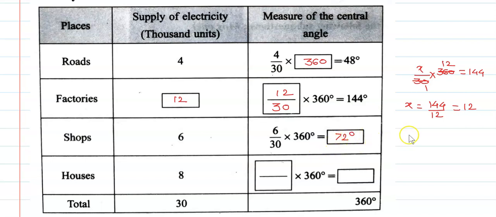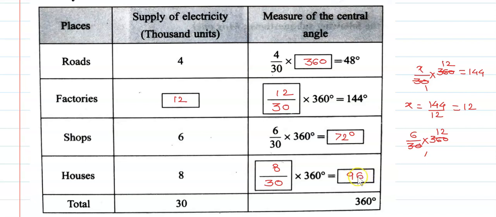After simplification, 6 upon 30 into 360, again this simplification is 12. 12 into 6, you will get 72. Next, 8. Here is 8 upon 30. Okay. Therefore again 8 into 12, you get here 96.